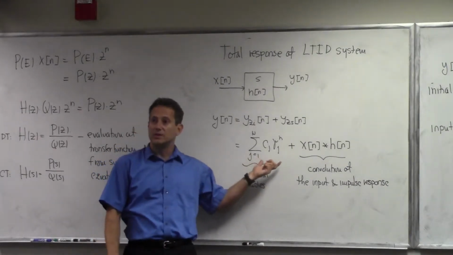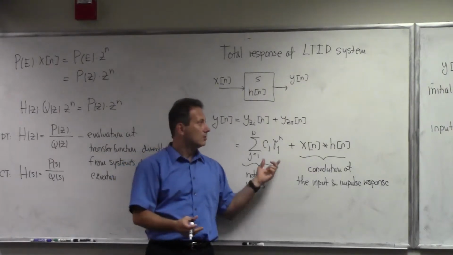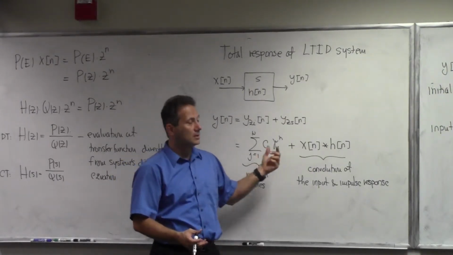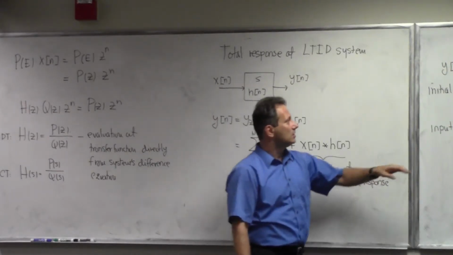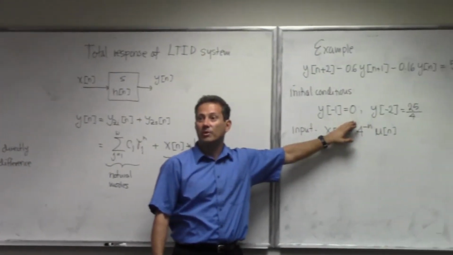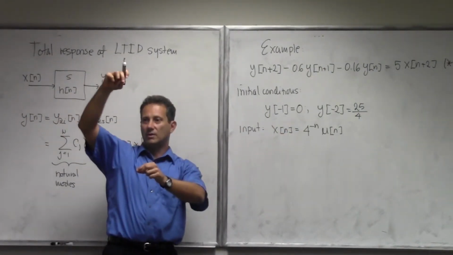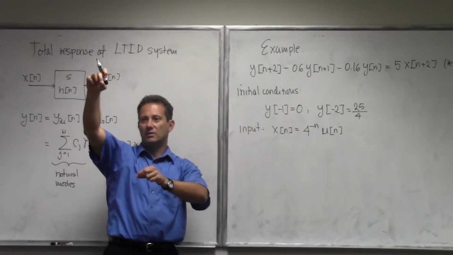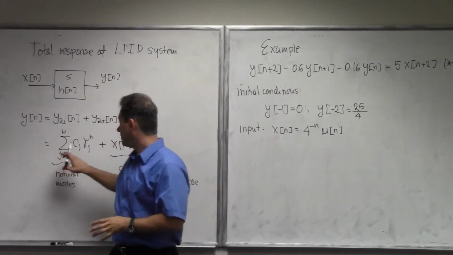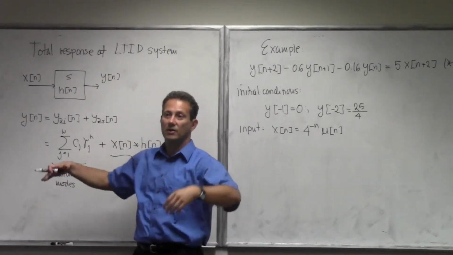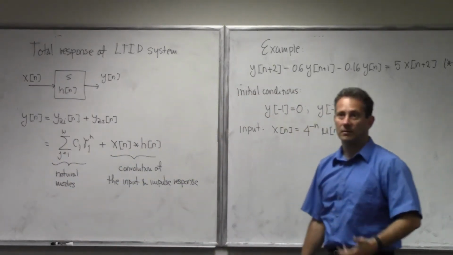But how many of these natural modes? What is the mixture of these natural modes? You have to have an anchor point to determine what the mixture is. And these initial conditions serve as that anchor point. If you think about the system going through these, by saying, okay, you have to be here at n equals 0, and you have to be here at n equal 1, that determines uniquely what these constants need to be. Out of the space of infinitely many possibilities, you narrow it down.